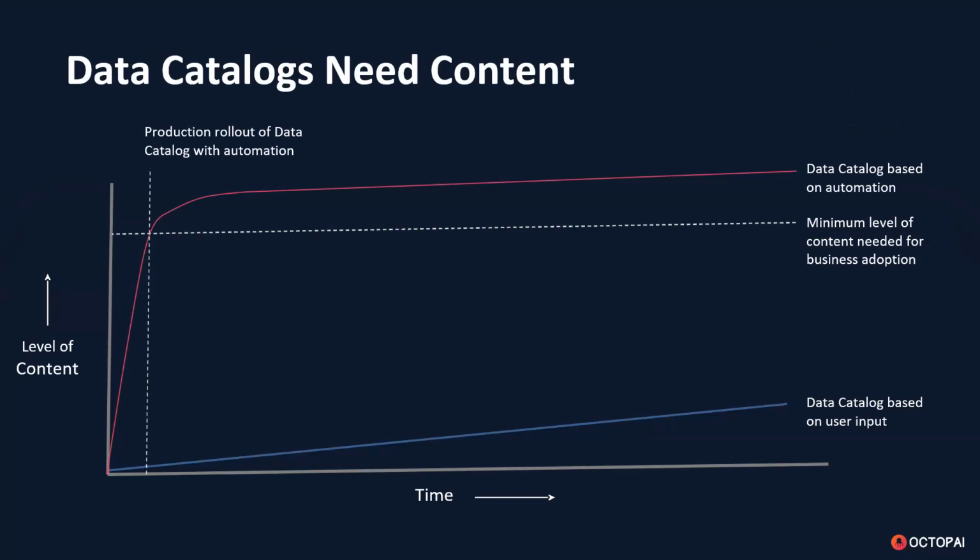Well, that's not going to necessarily work too well because you're asking people to take time and effort to put the metadata into the data catalog, but there's not enough content yet to get any value out of it. So that's not going to be received very well.